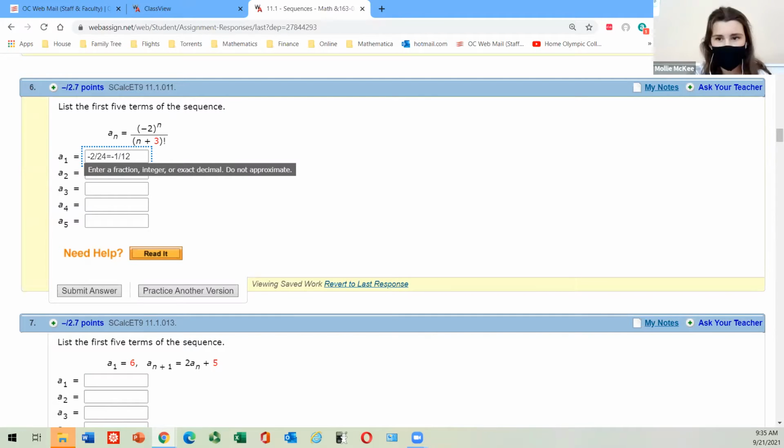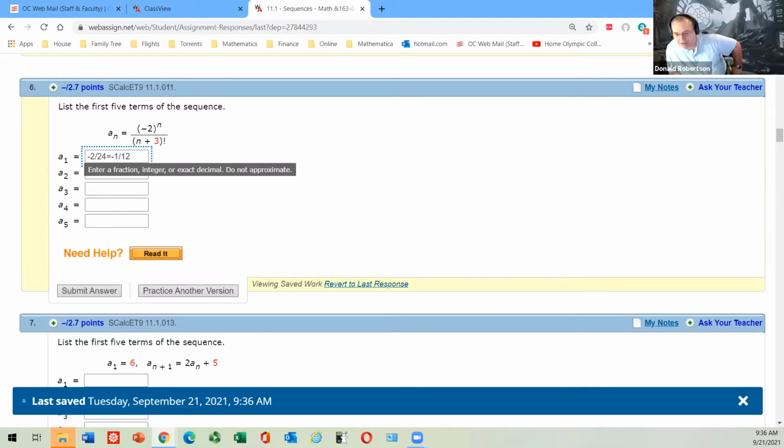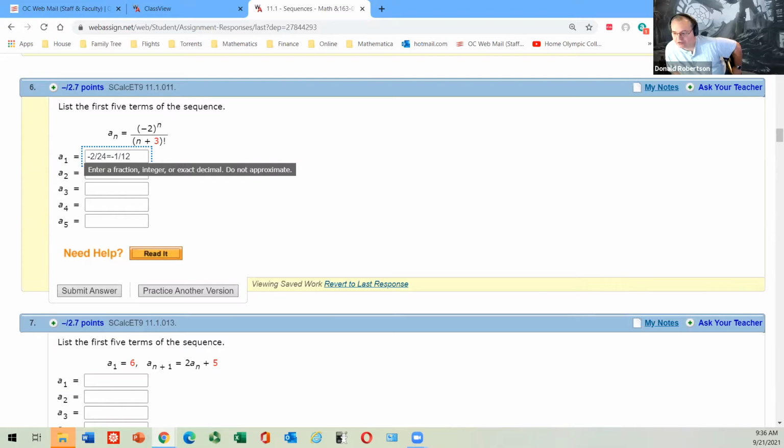Does simplification impact the answers on WebAssign? I think WebAssign is fussy, so the answer I would suggest is yes. So 2/4 is going to tell you you're wrong. It wants a half. Okay, I don't know if I can actually type this in that way. I want to check it out.